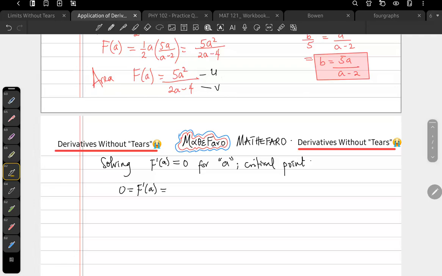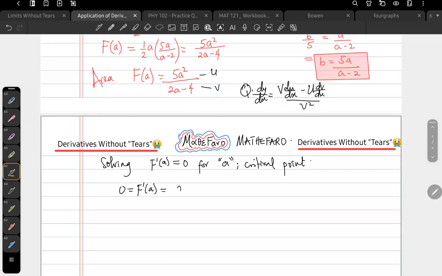So we remember the quotient rule: dy/dx equals v du/dx minus u dv/dx, all over v squared. In this case, v is 2a minus 4 times du/dx.